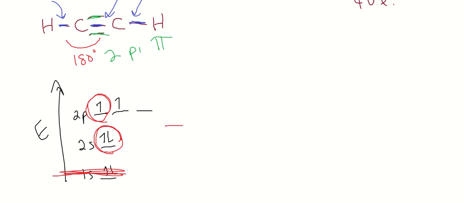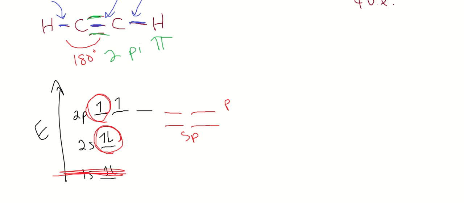Since you're mixing 2 orbitals, you get 2 hybrid orbitals, right? And this is known as your sp hybrid orbitals. Now these ones here are unhybridized. These are just your normal unhybridized p orbitals.